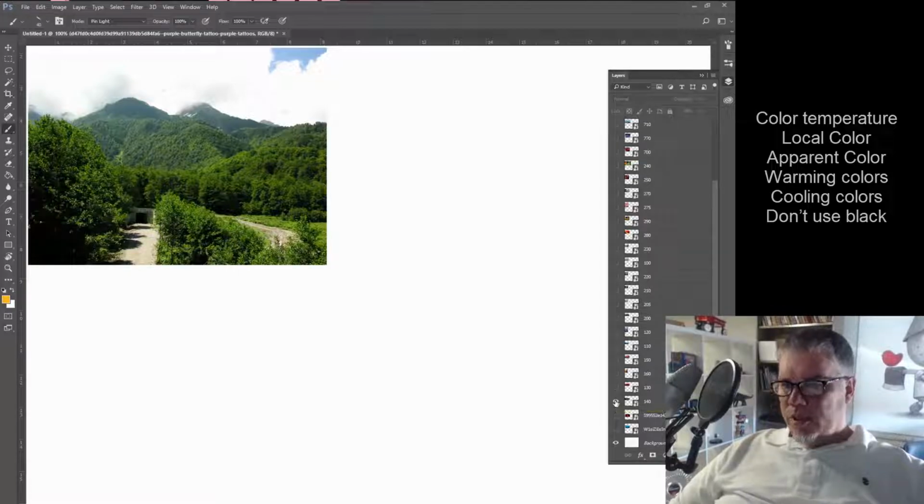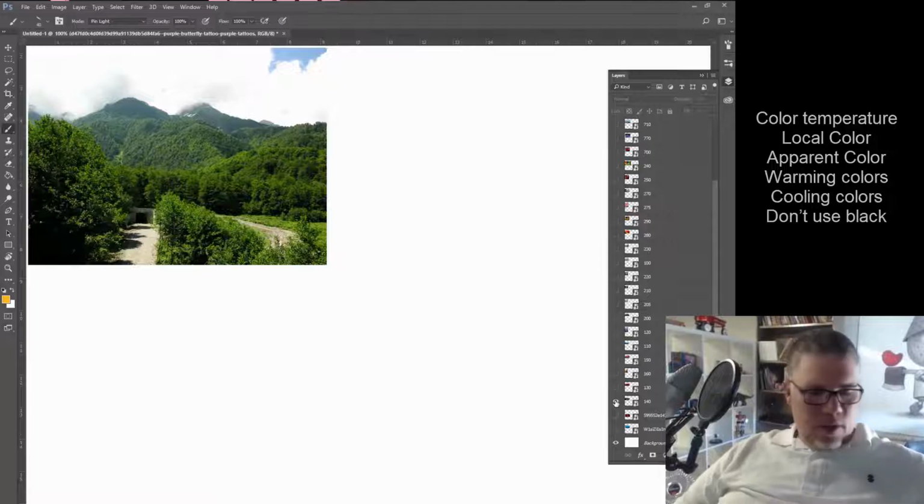So, for instance, if you had a red M&M, the local color would be red because it's red. But if you shined a blue light on it, like let's say you went outside at nighttime and you shined a purple light or a blue light on that red M&M, it's going to take on the color of the light that's influencing it, and that would be called the apparent color.